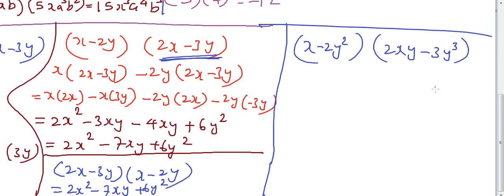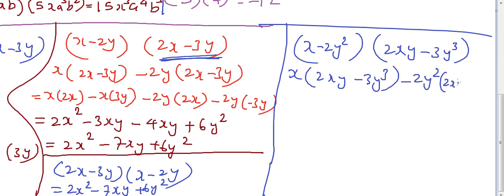So how to multiply this? Again the same standard way: x into 2xy minus 3y cube, minus 2y square into 2xy minus 3y cube.